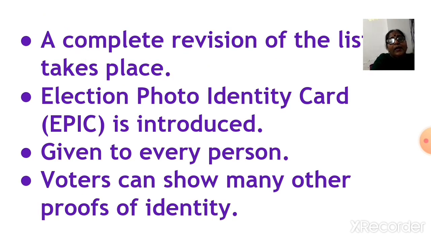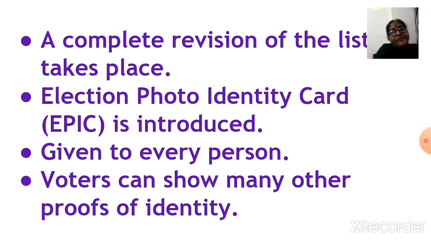This complete revision of the voters list takes place every 5 years. Yes, after every 5 years. It is done to update the list. Update means add names or delete names.